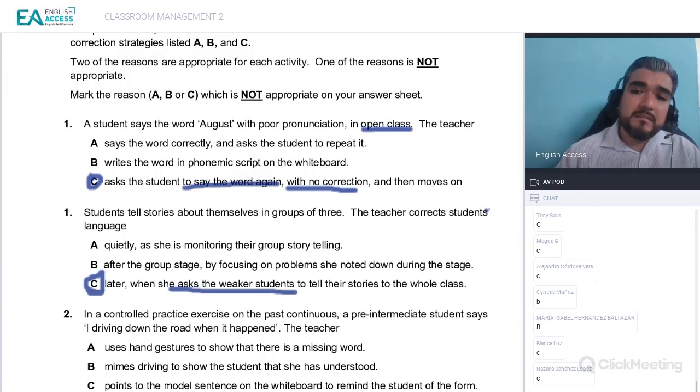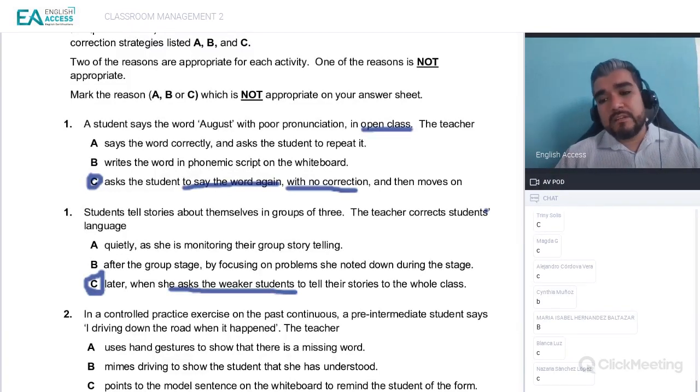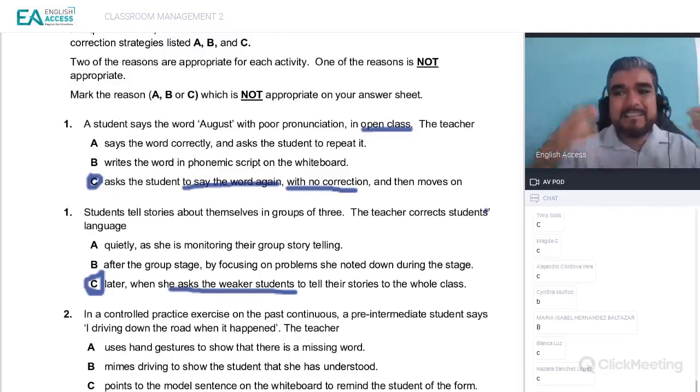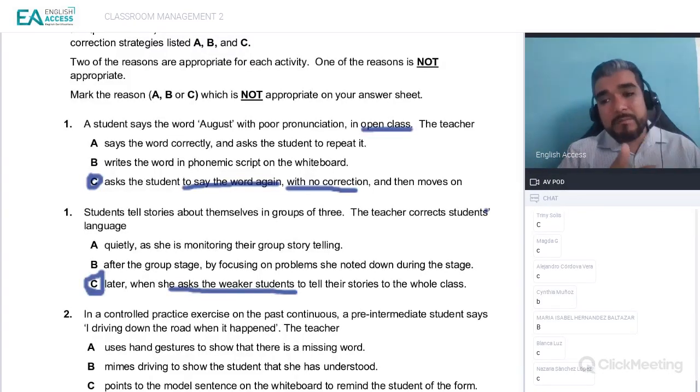So that would be mean, because the weaker students would make many mistakes, right? And that would not be productive for the activity. And they would probably feel bad, right? So letter A and letter B are appropriate.